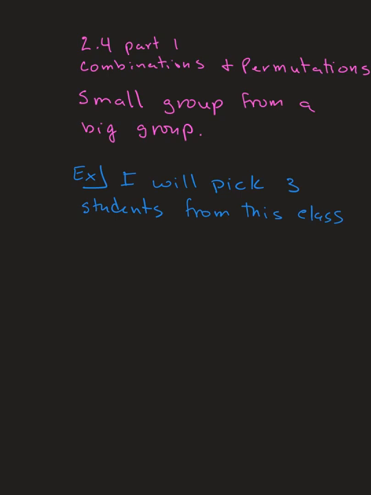Let's say there's 28 students in the class, right? I'm going to pick these 3 people from this class and give them extra credit. All right, everybody loves extra credit.